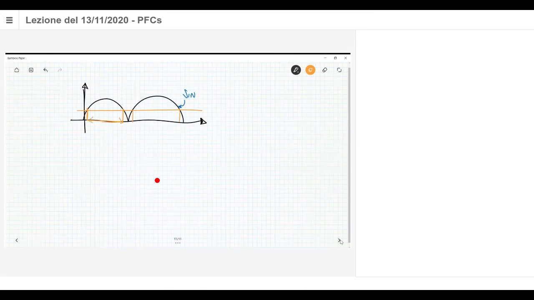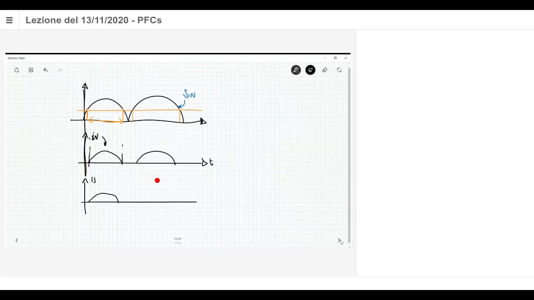In case you are able to control the input voltage and the input current to be both sinusoidal, then the current I in is something like this. So it is good just in a small interval. And I s, the current at the source, is something like this. Is this a sinusoidal waveform like the voltage V s? Of course not. You have distortion.